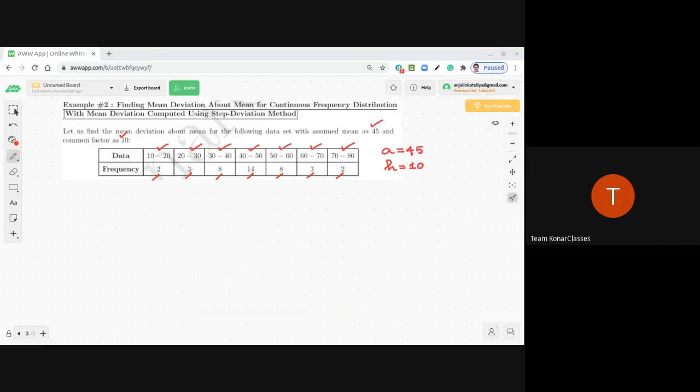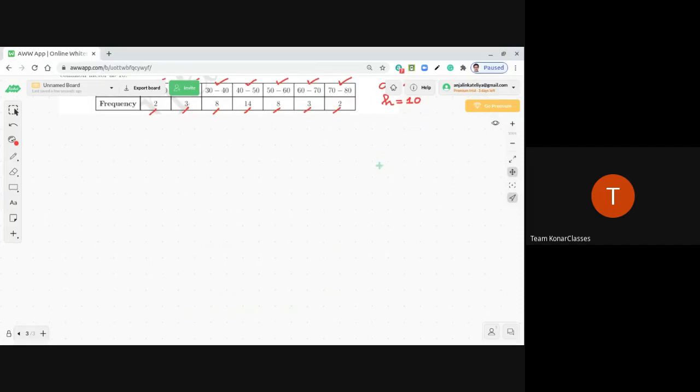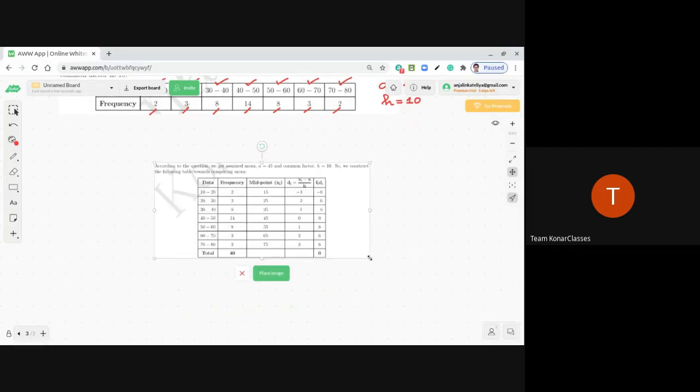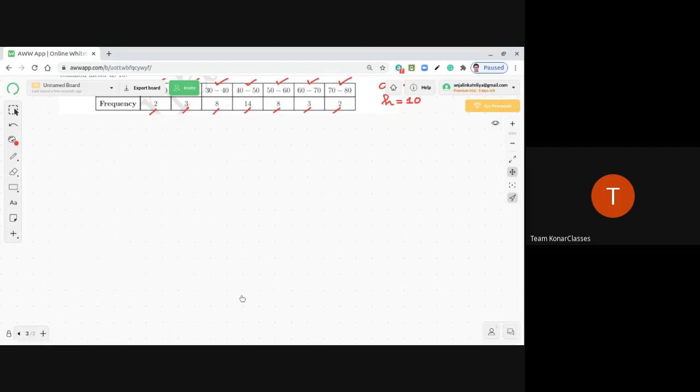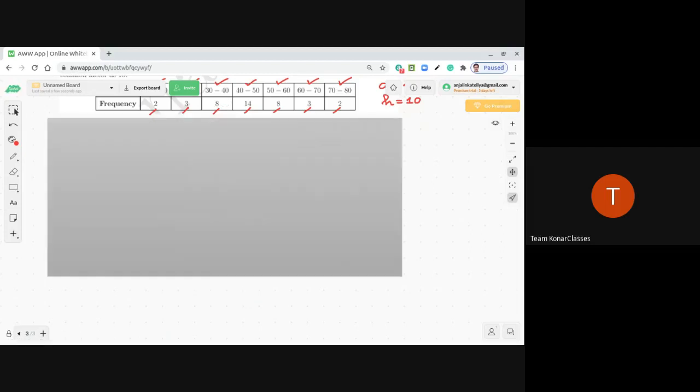So what is the table? Let me place it in front of you, and you can also do it at your end, dear students, and you'll find the same values.